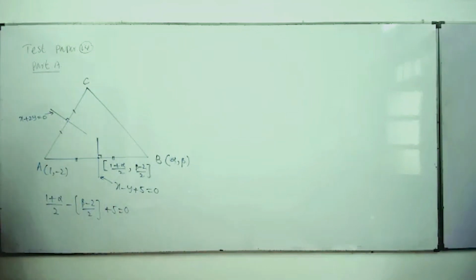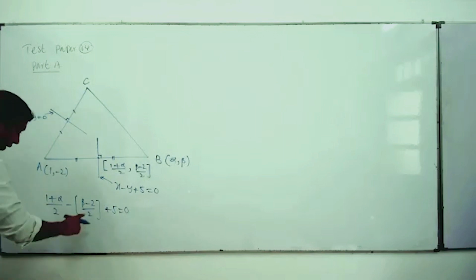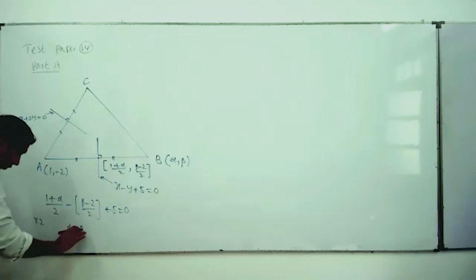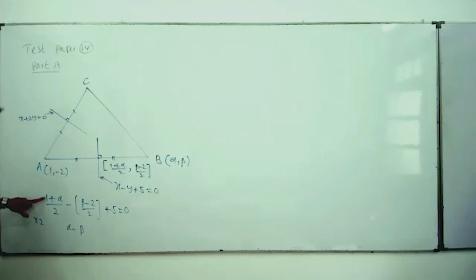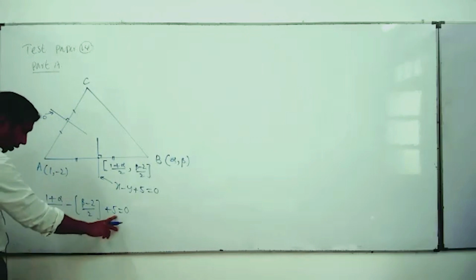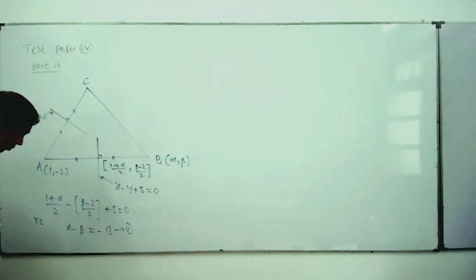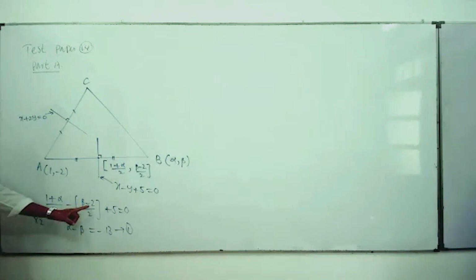Then take one equation involving alpha and beta, multiplied by 2: alpha minus beta. Here we get 1 minus 2, then 3, and here 10, 13. Take to the right hand side: minus 13. Number 1. First we multiply by 2, then here 10, here 2 plus 1, 3, 13. Take to the right hand side.